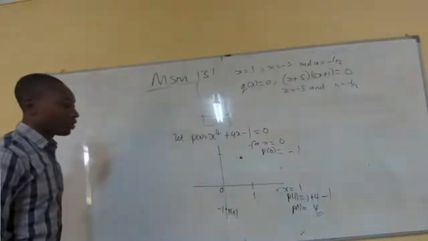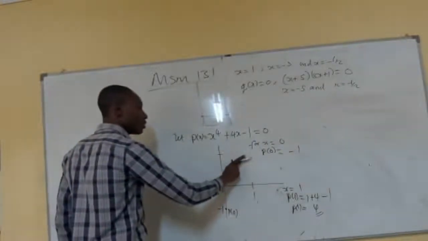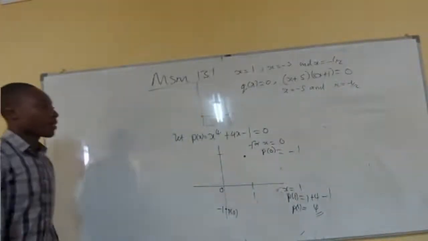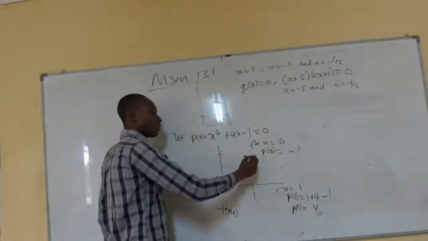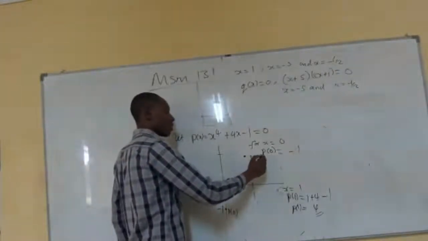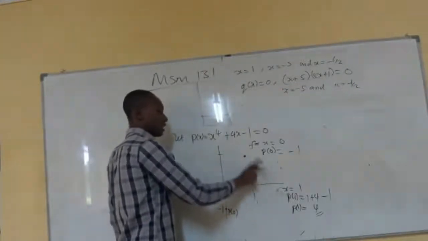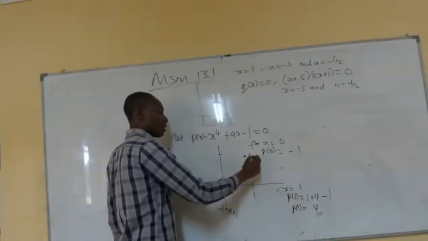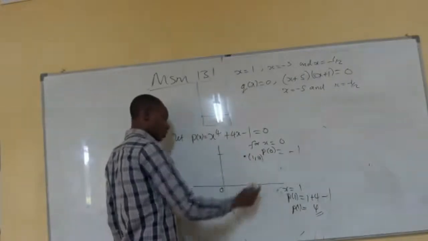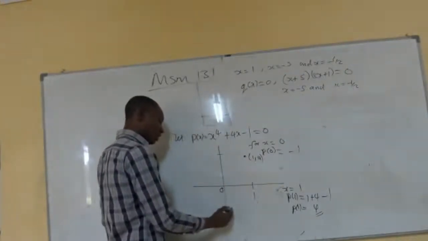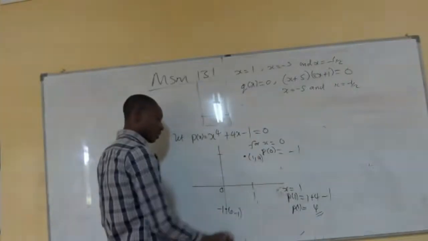So this is p of 1. If we write these as coordinates, this is 1 comma 4, and this point is 0 comma negative 1.